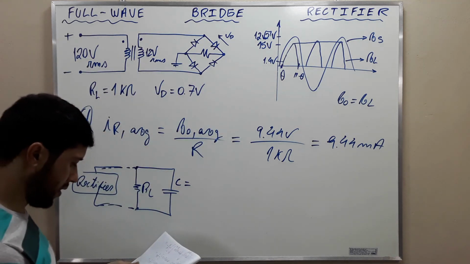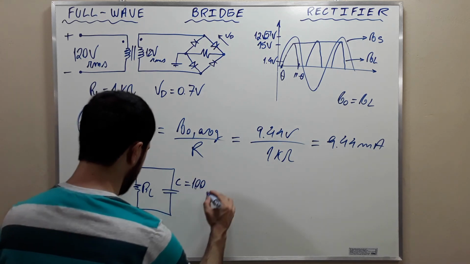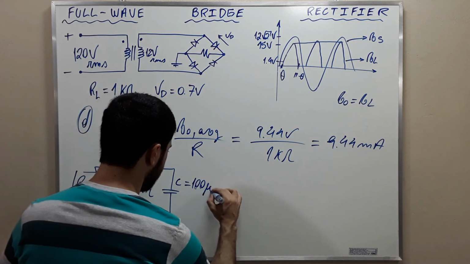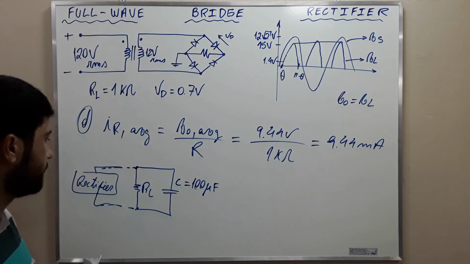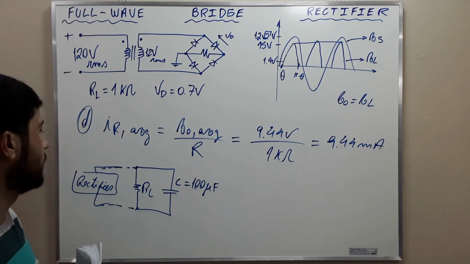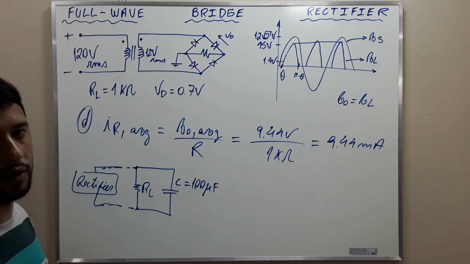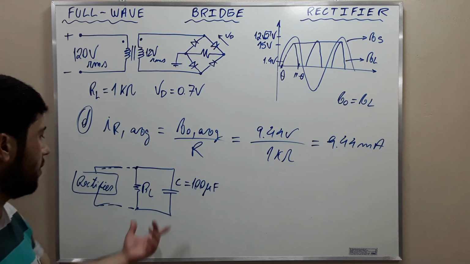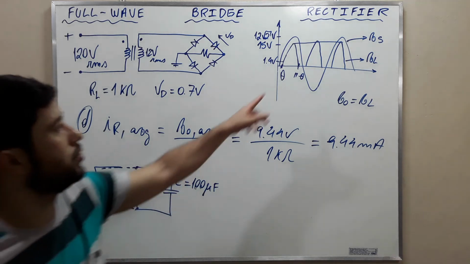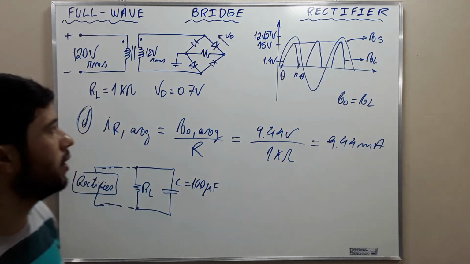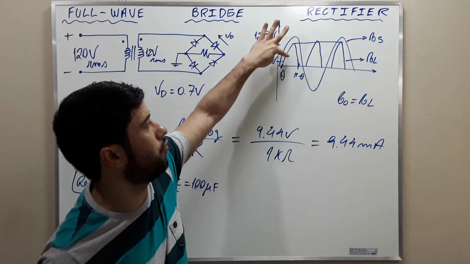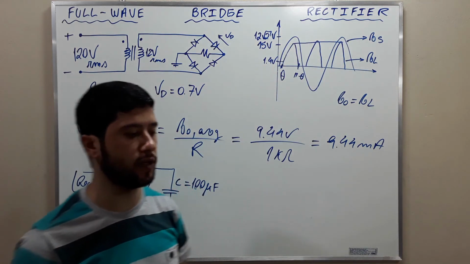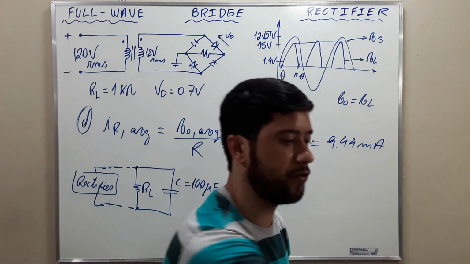Okay, we can use a capacitor of 100 microfarads. We can use voltage regulators as well. There are many things that we can do to stabilize the signal here and make it linear instead of pulsating such as this. Okay, my friends, this was the video that I wanted to make.